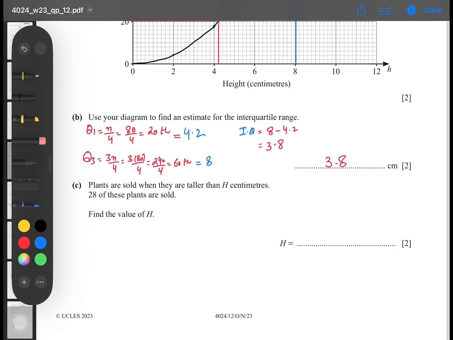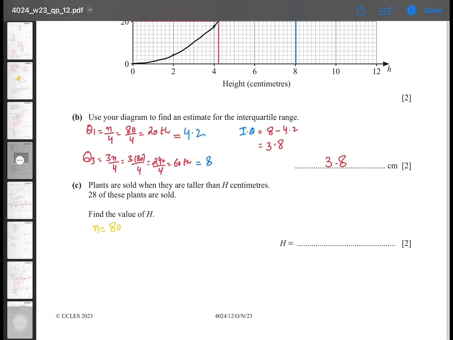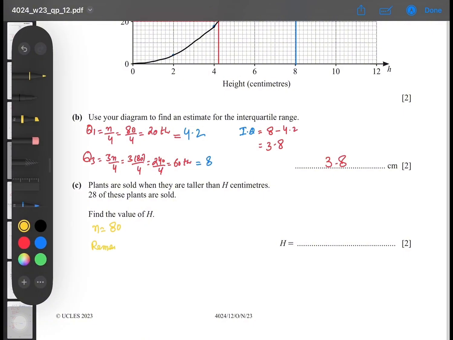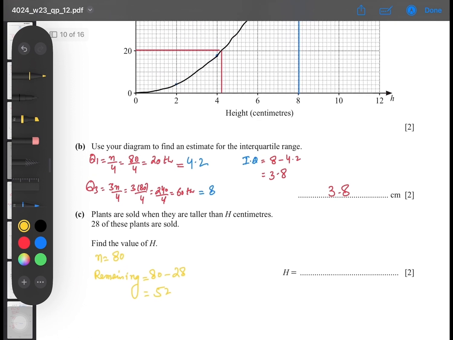Part C. Plants are sold when they are taller than h centimeters. 28 of these plants are sold. Find the value of h. So total plants are 80, and 28 are sold. So the remaining is 80 minus 28, so this is 52. So we have to find the value of height h corresponding to 52 on the cumulative frequency.